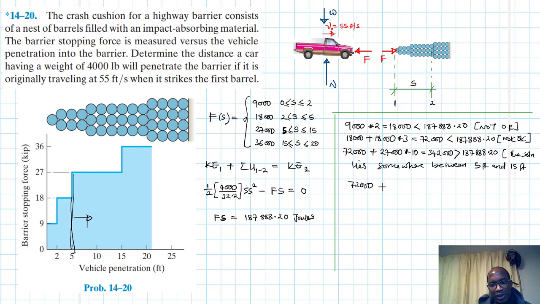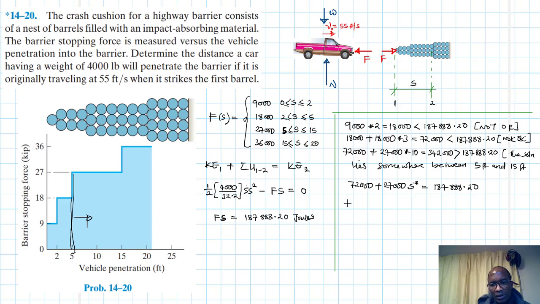So 72,000 plus 27,000, then let's just multiply by some value S star. We are multiplying by a value S star, and we're saying this is equal to 187,888.20. We want to find that S star.